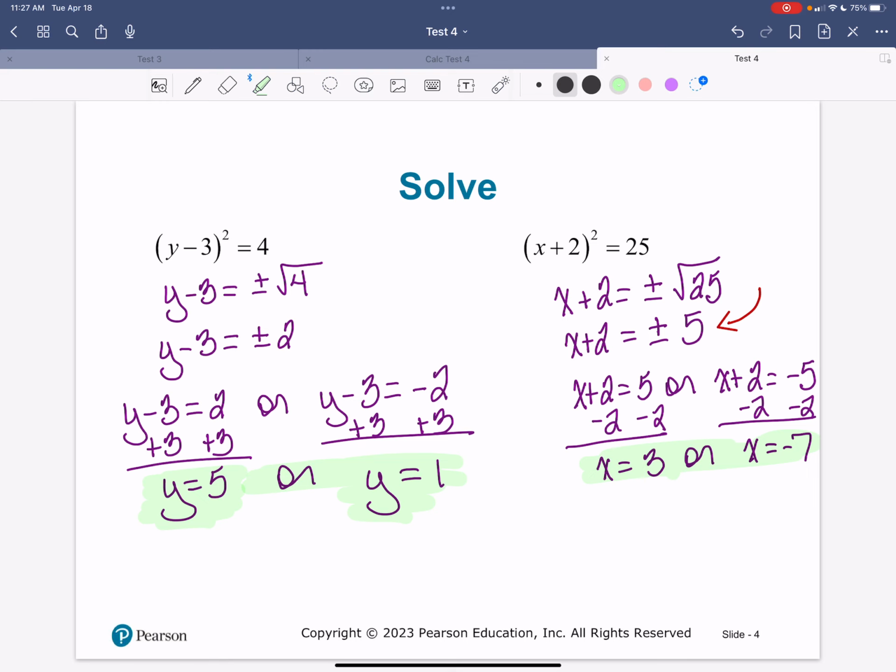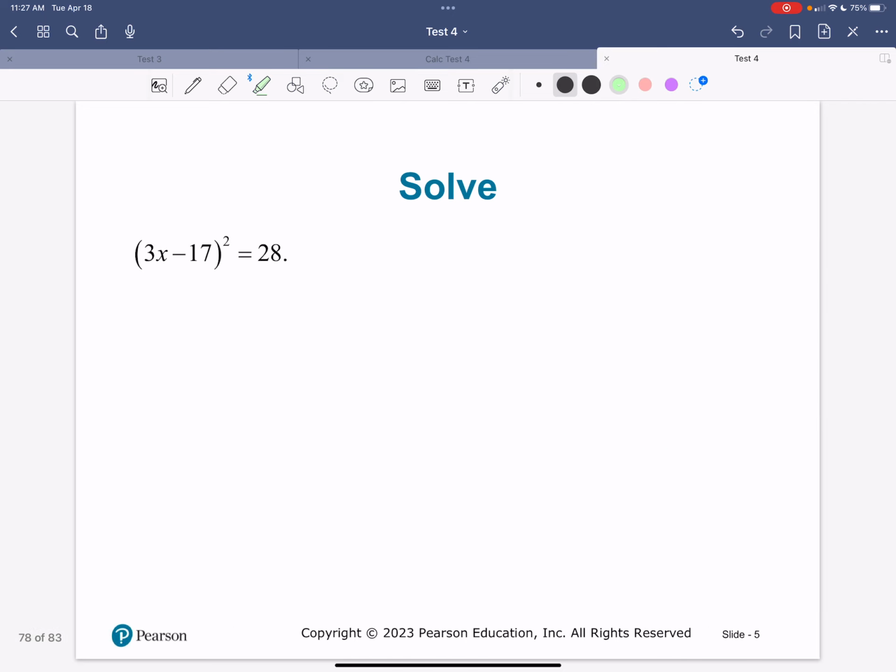Now, this next one is a little bit more complex because it's not a perfect square. So I'm going to take the square root of both of these, and I'm going to have 3x minus 17 equals plus or minus the square root of 28.